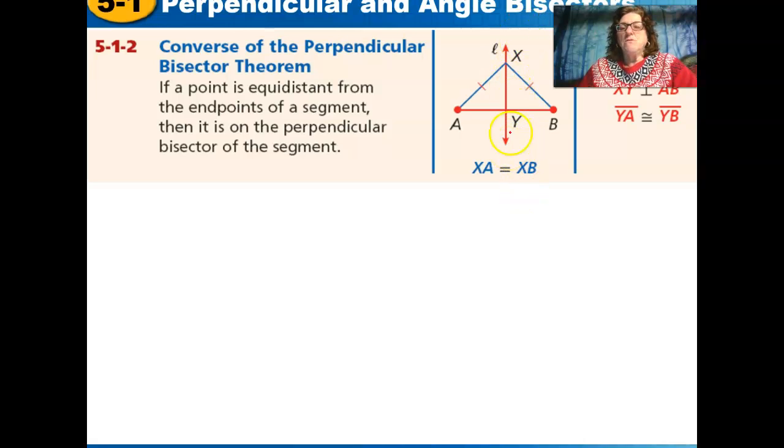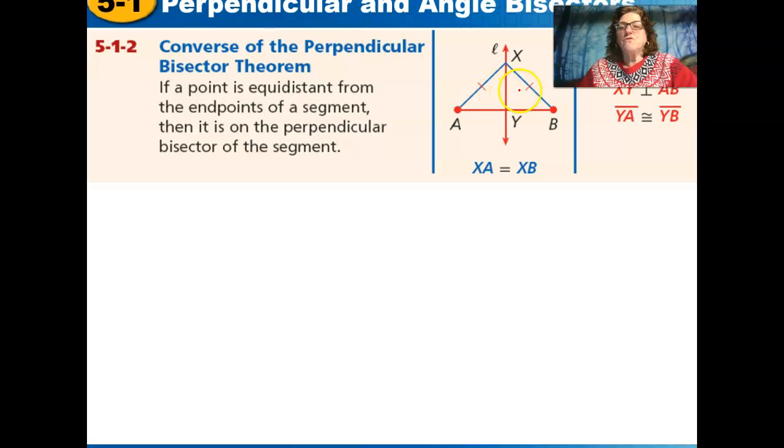So if I said to you that XY is perpendicular to AB, then we know we have right angles. We know, since the given information, that XA is equal to XB. That means that they are congruent to one another, and that XY is congruent to XY by the reflexive property.